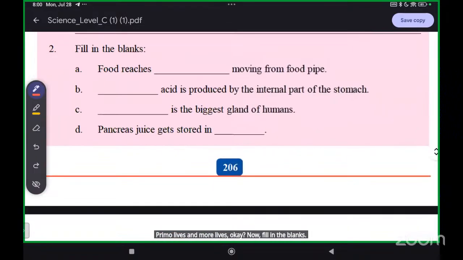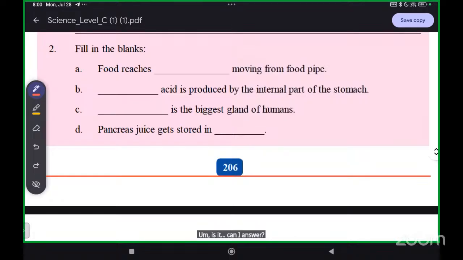Food reaches dash, moving from the food pipe. Emma, food reaches dash, moving from the food pipe. Ma'am, can I answer?